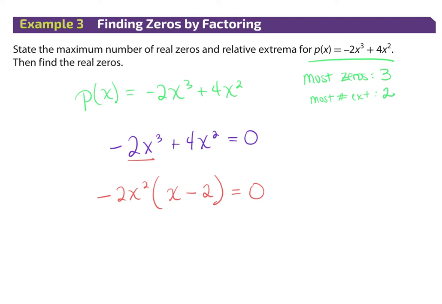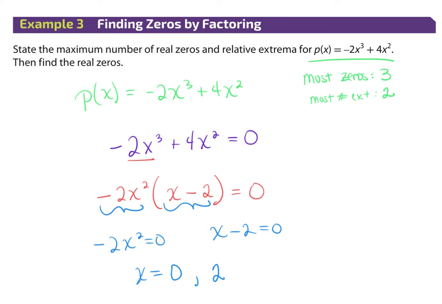Once I do that, I set each one of those equal to 0. That's just my rule of factoring. Where does the first one equal 0? At x equals 0. And this one is at x equals 2.